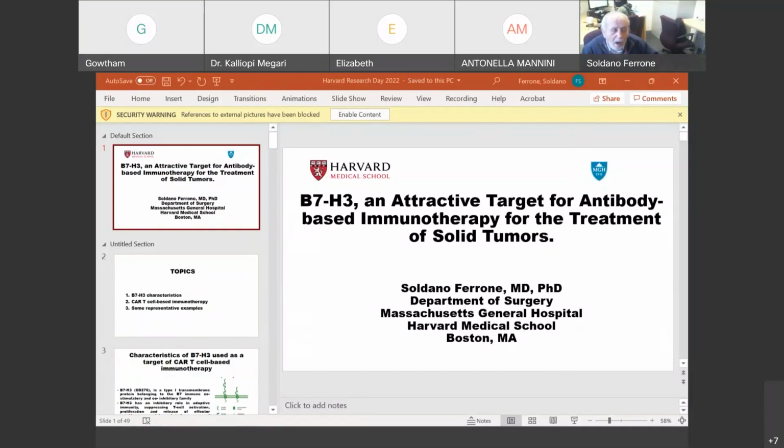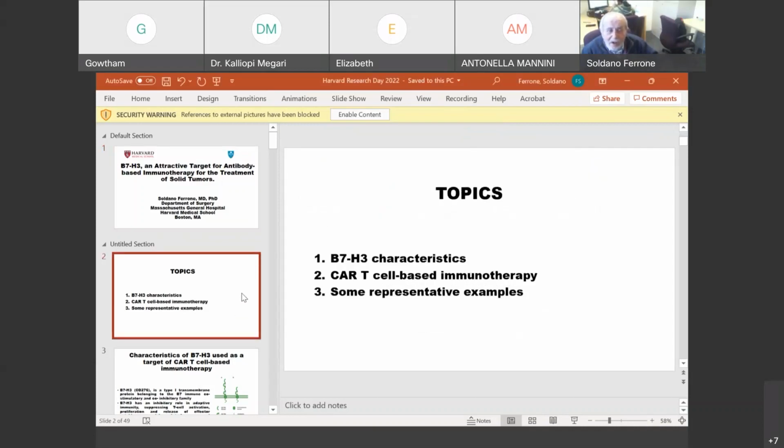So what I would like to discuss with you is the use of CAR T cells in order to develop immunotherapy for solid tumors. And I will divide my presentation essentially into three parts.